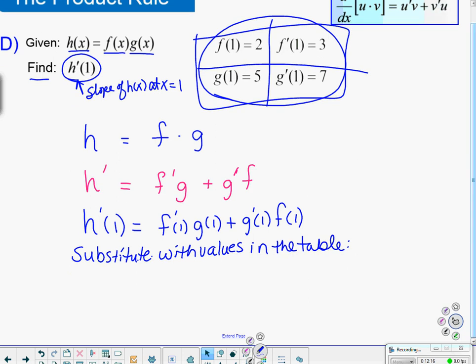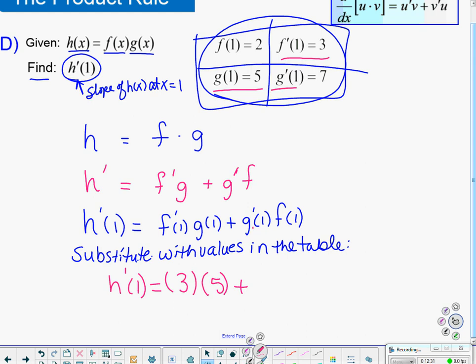H prime of 1 equals F prime of 1. F prime of 1 is 3. G of 1 is 5. Just make sure you're grabbing the right data pieces. G prime of 1 is a 7. And finally, times F of 1, which is 2.